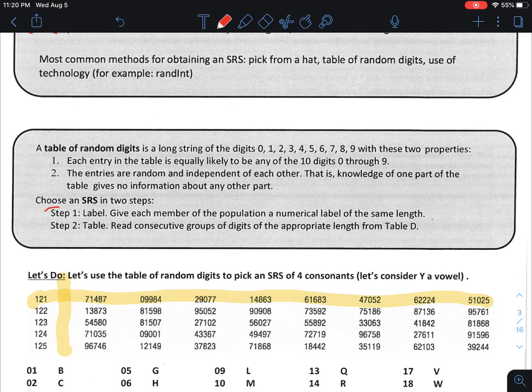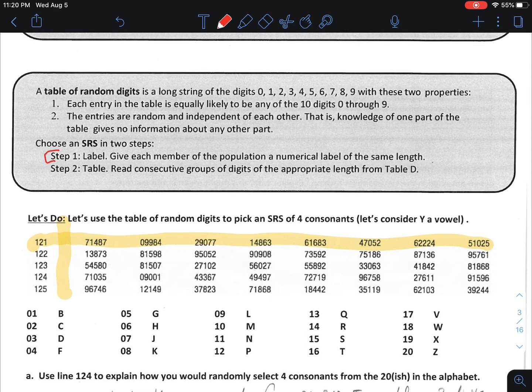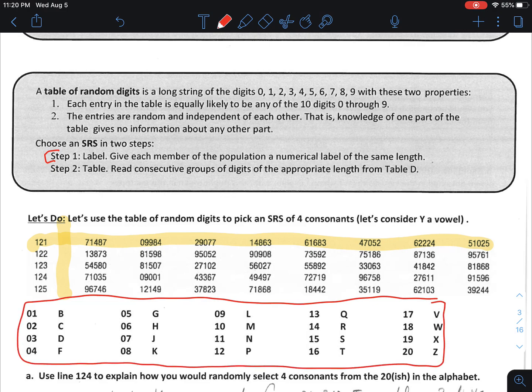Same thing. This is step 1 for every one of these scenarios. You give every member of the population a label of the same length. Now, that's different, okay? So if there are 20 letters, of which I'm considering these letters here, you label them from 1 to 20, but notice I didn't label it 1, I labeled it 01, okay?